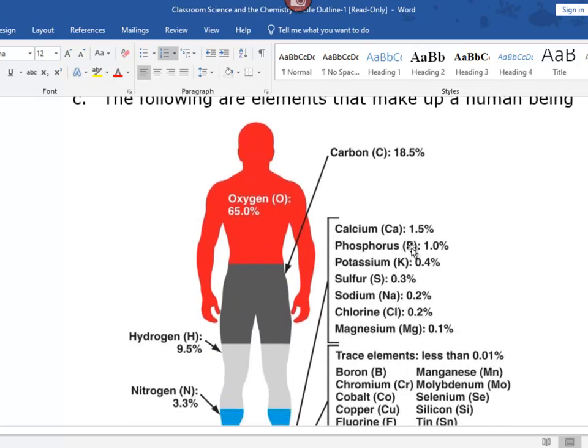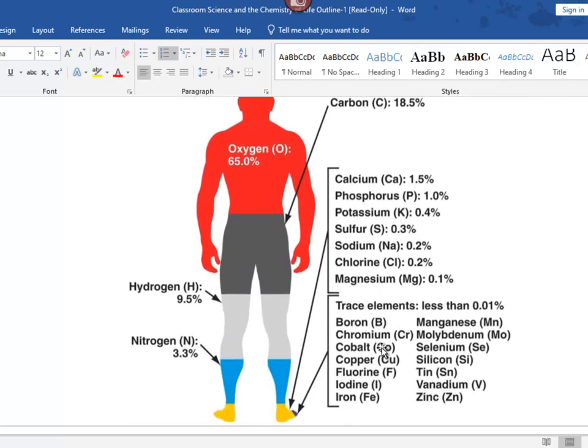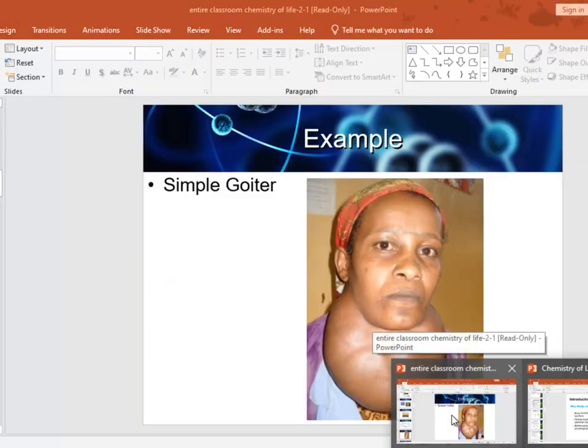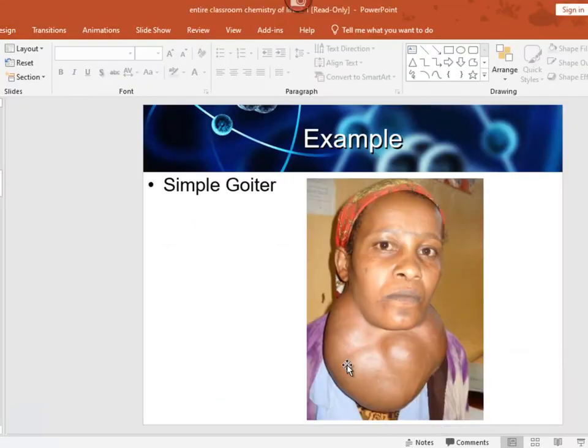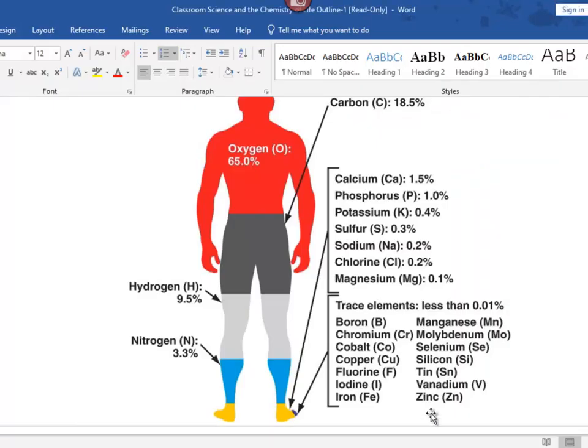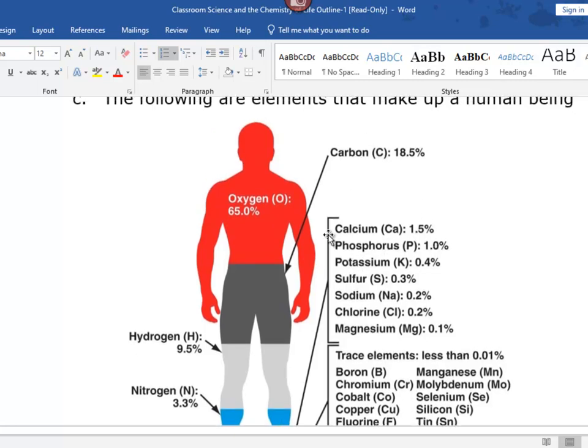And you see calcium, phosphorus, potassium, even iodine is right there. Iodine is a trace element. And it's actually not enough iodine causes this. And if you have too much or too little of these, it can cause some health issues. But yeah, these are trace elements, and of course these are even smaller. But that's everything that makes up a person.